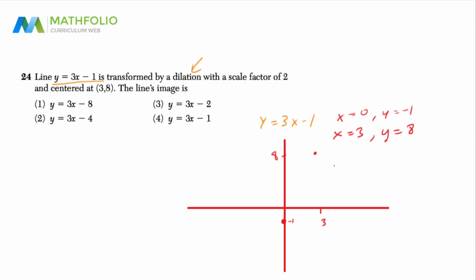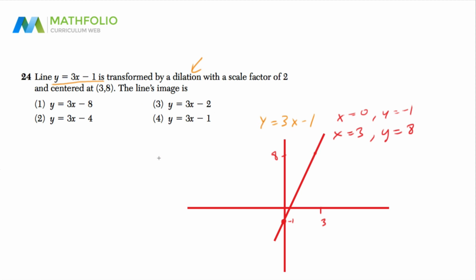So 3, 8 is also here. So therefore, that 3, 8 is on the line, and that is precisely where the center of the dilation is.